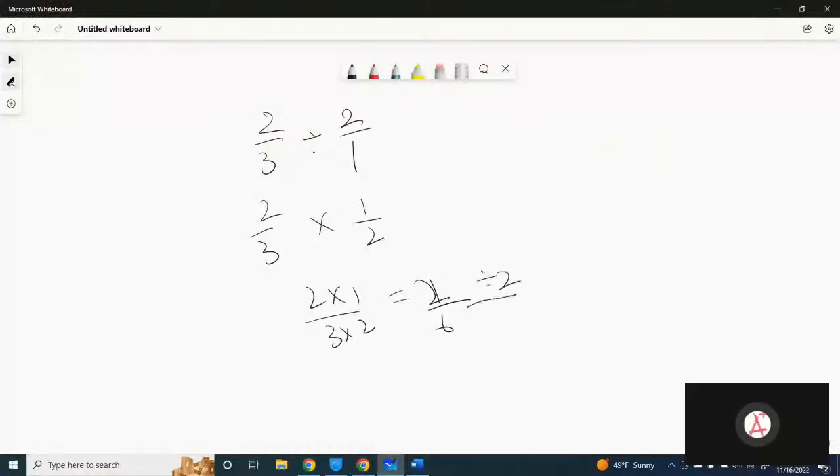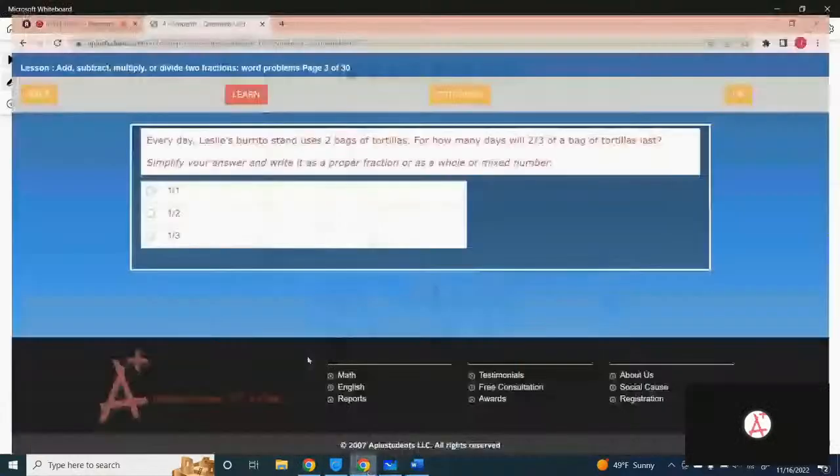Just divide them by 2. 2 divided by 2 is 1 and 6 divided by 2 is 3. It would be 1 over 3.